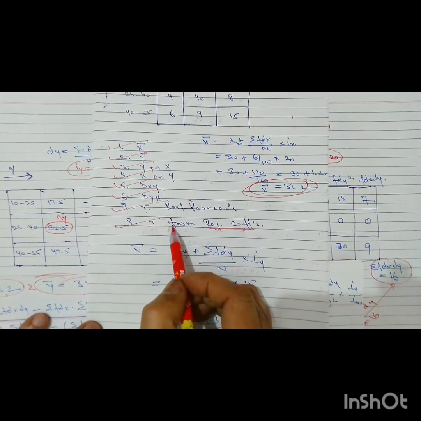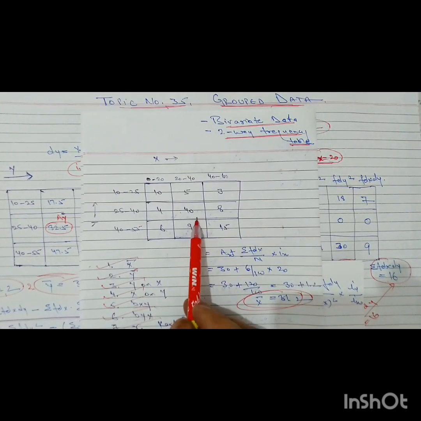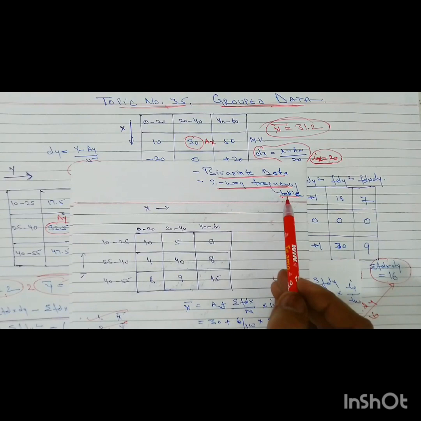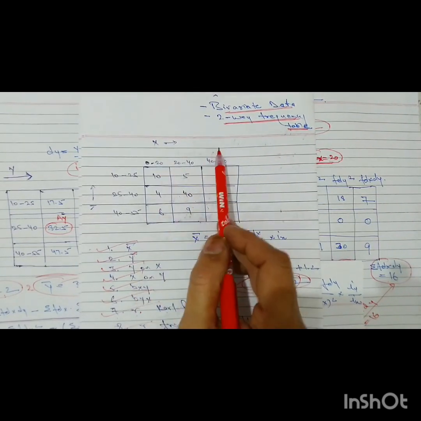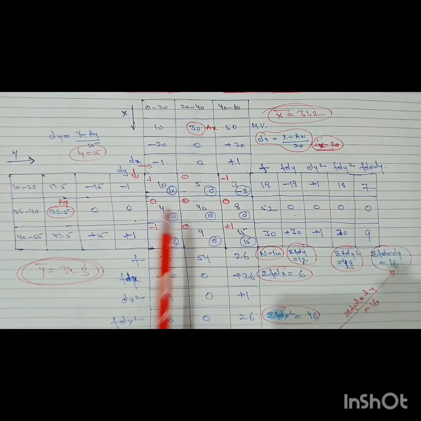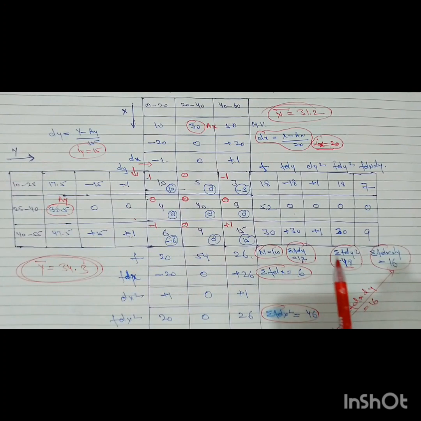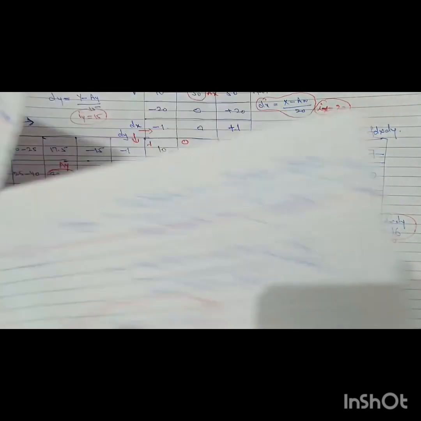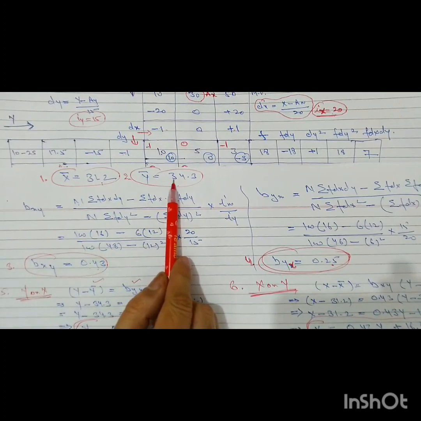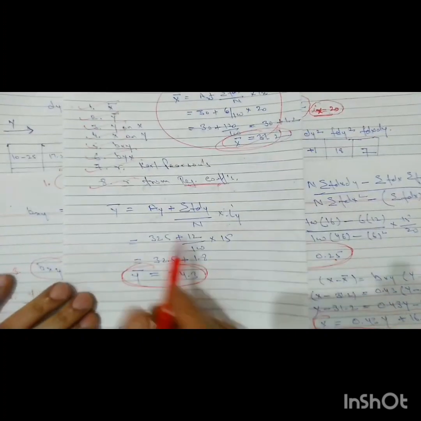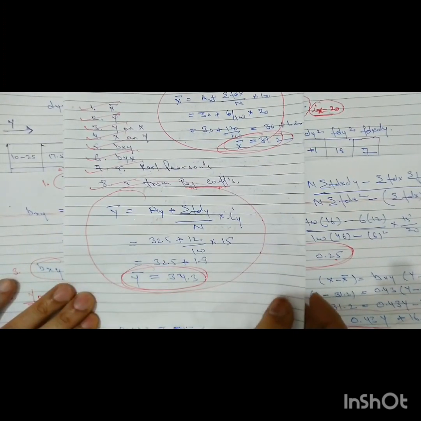We have done 8 things from the same question using bivariate data or a two-way frequency table. First we constructed this table for calculating n, summation f dy square, f dx dy, summation f dx square and summation f dx dy. Then the mean of x by using this formula, then the mean of y by using this formula.